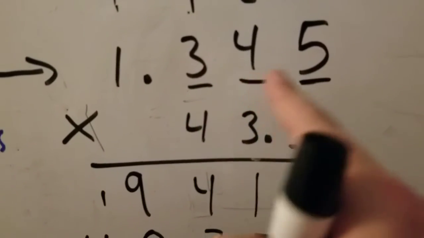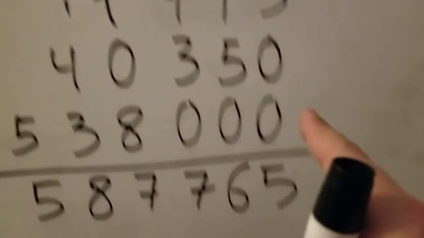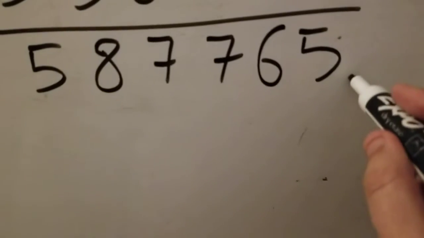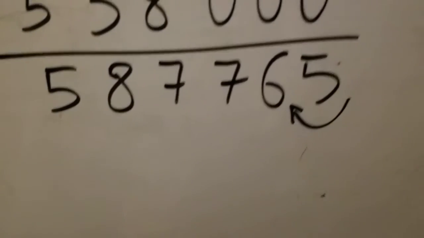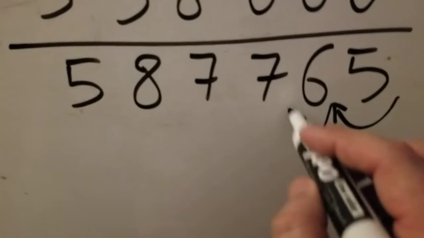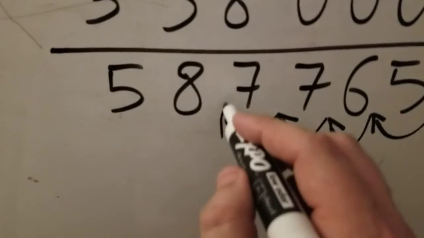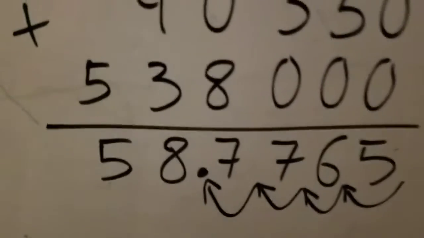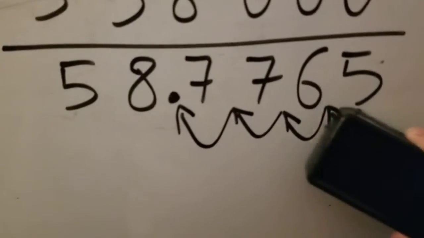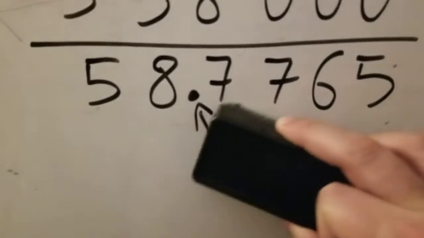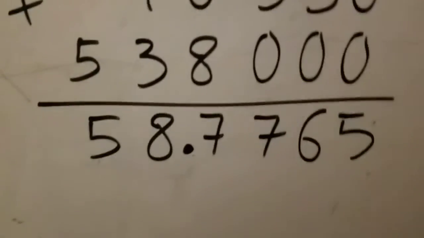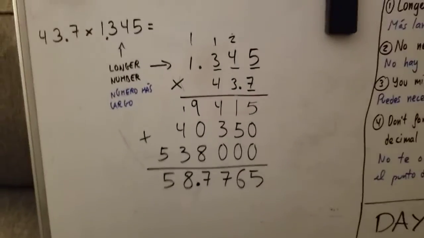You see, 1, 2, 3, and 4. Okay, don't forget to shift. So that's 1, that's 2, that's 3, and that's 4. So that's where your decimal goes. And because you don't want to look like a kindergarten kid, you erase those arrows over there. Okay, so that is your product.